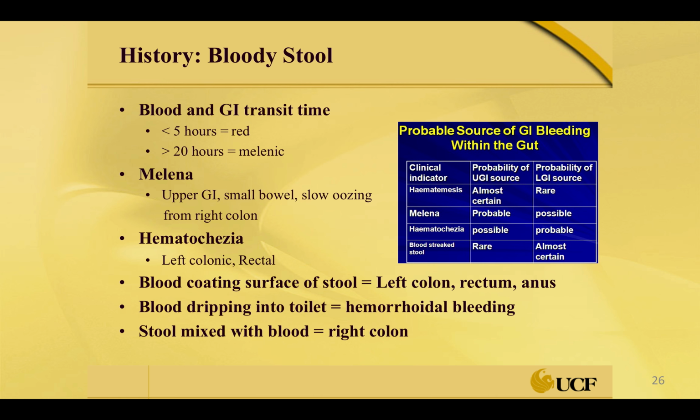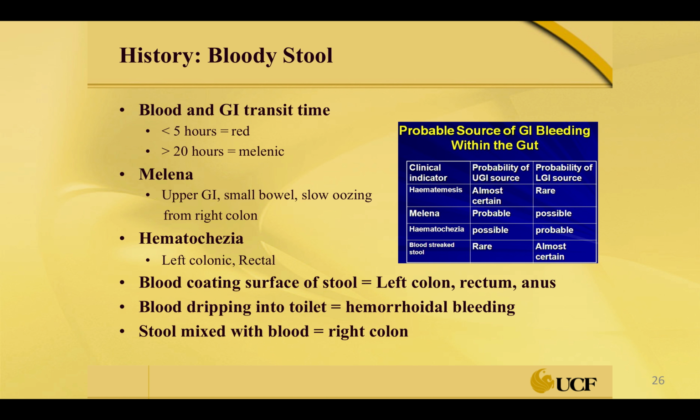If blood is coating the surface of the stool, it usually originates from the left colon, the rectum, and the anus. If blood is dripping into the toilet, we are suspecting hemorrhoidal bleeding. And if the stool is mixed with blood, it's usually coming from the right colon.